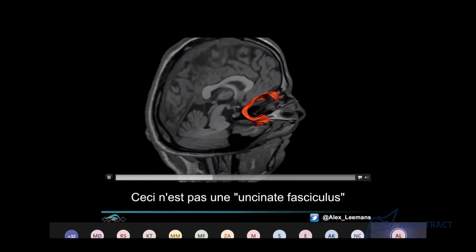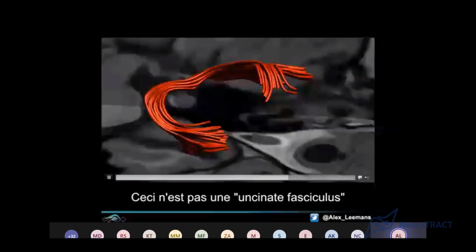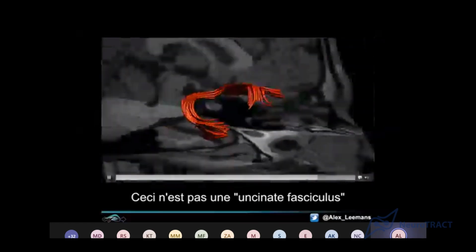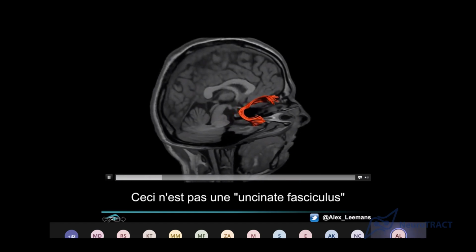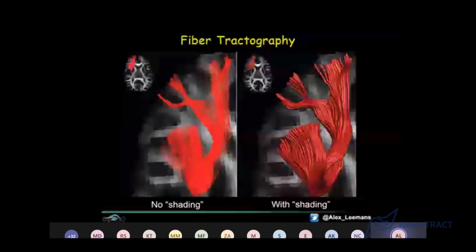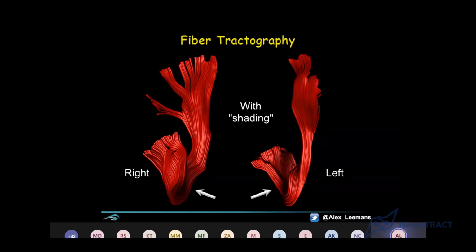This is the temporal region, and then this top part. I don't know if you can actually see my mouse cursor, but I'm now pointing at things. I hope you can see it. Going to this image without shading, you can't see, but with the shading, you can actually see the configuration more clearly. It was just to emphasize that we use this shading and the tubes to get a better idea of how these pathways are running, but they're not reflecting a genuine thickness. That's something to keep in mind.